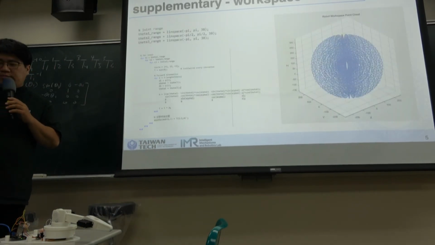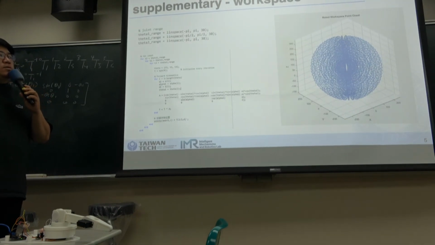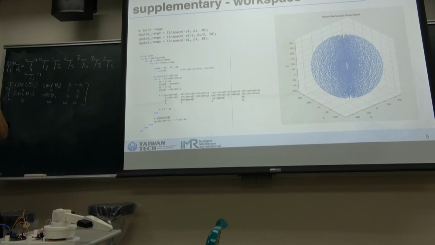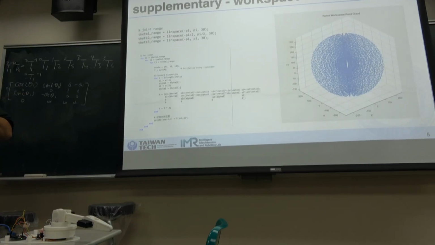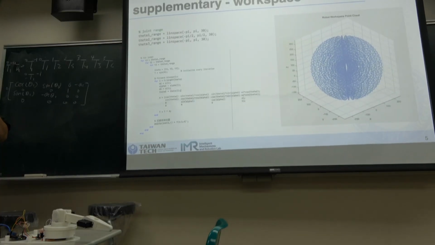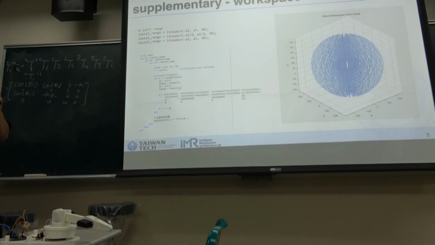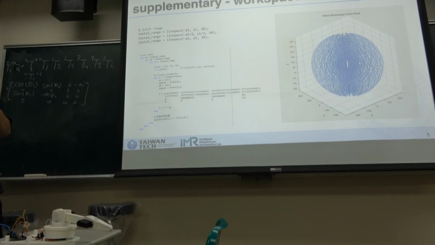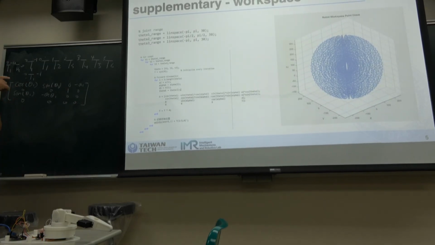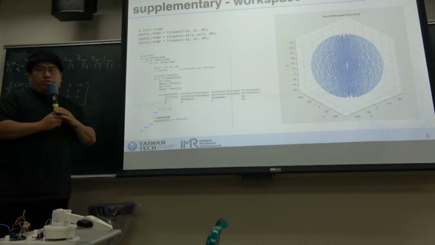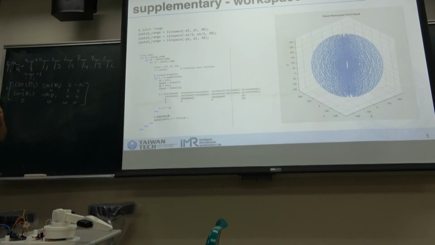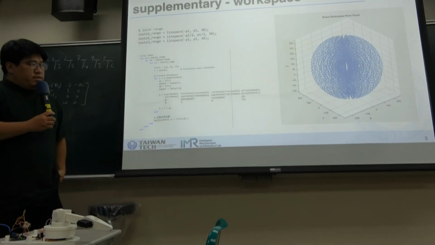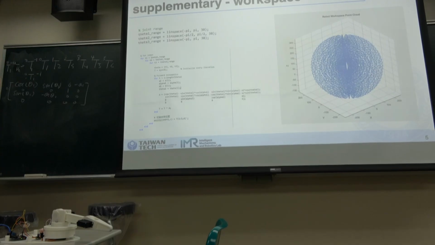All right. Before we start our explanation of the script, I want to talk about something that is not going to be in our scope today, but after today's practical, when you go back, you can try the workspace. If you have the range of your actuators, then you can use it to visualize the workspace like this. My method is using a point cloud.